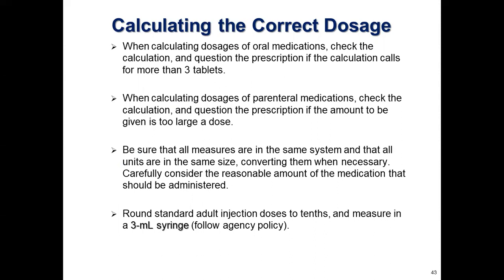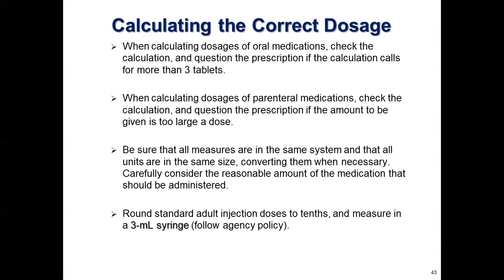The question arises, so it is better to hold and get confirmation first. When calculating the dose of parenteral medication, check the calculation and question the prescription if the amount to be given is too large or too small.